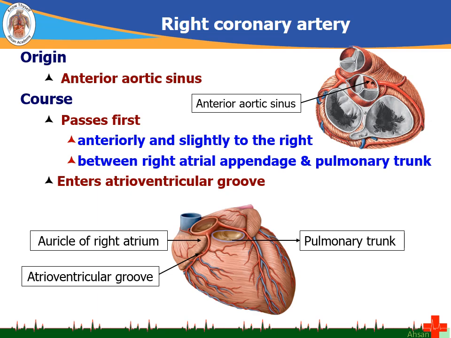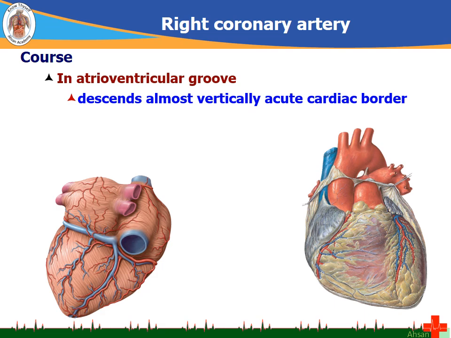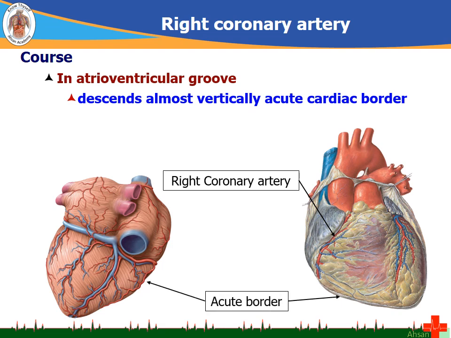This follows the atrioventricular groove, the groove between right atrium and the right ventricle on the sternocostal surface. In the atrioventricular groove, it descends downward and reaches up to the acute border of the heart. This is the right coronary artery descending downward, and this one is the acute border of the heart.